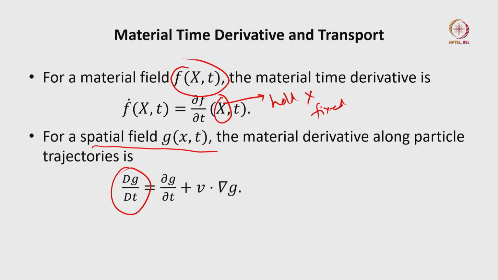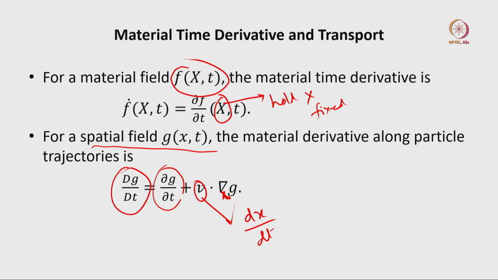You know from basic calculus in the real line or in Rn that this is nothing but del g by del t, if g is an explicit function of t, plus the gradient of g. Now gradient with respect to what? This gradient is with respect to small x. By the chain rule, gradient of g dotted with dx by dt, where v is nothing but dx by dt, that is x dot.